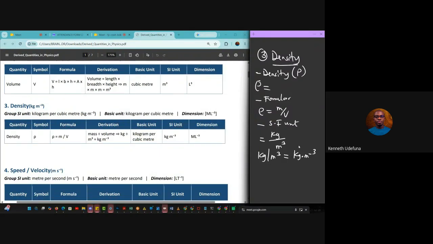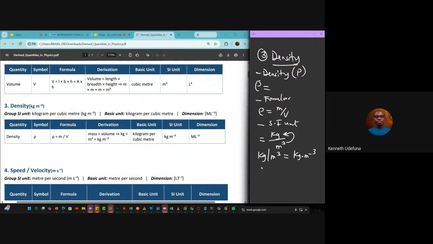Why is it minus 3? I explained that this m raised to power 3, when it comes up on top, the power becomes negative. So it is called kilogram per meter cube or kilogram per cubic meter. Either way, they are all correct.